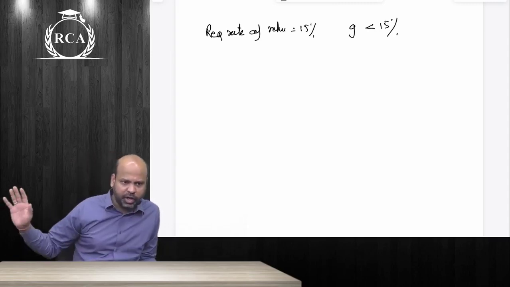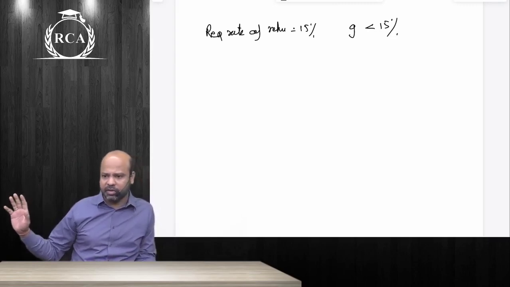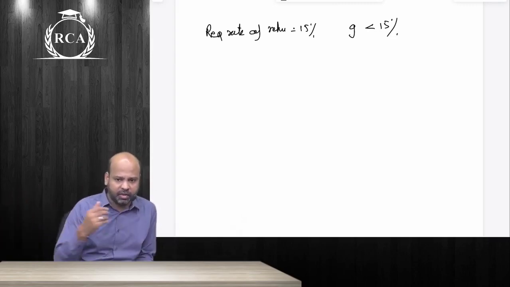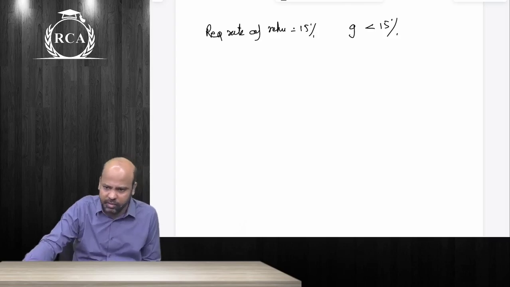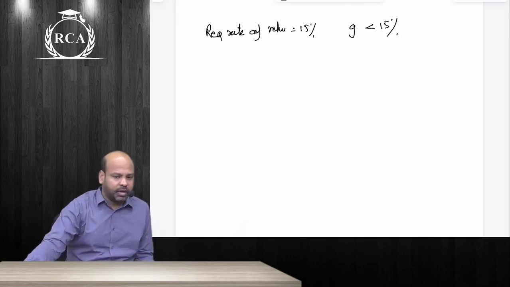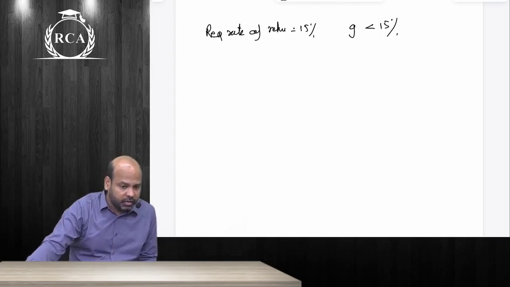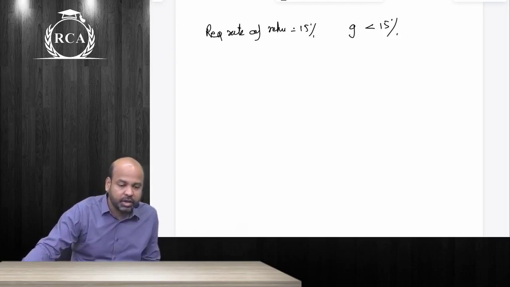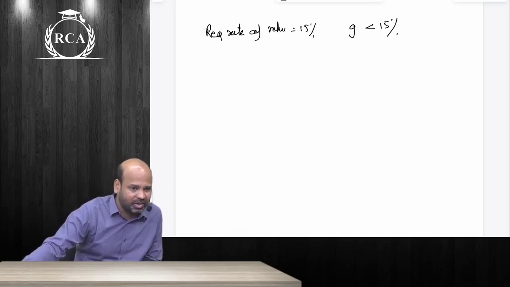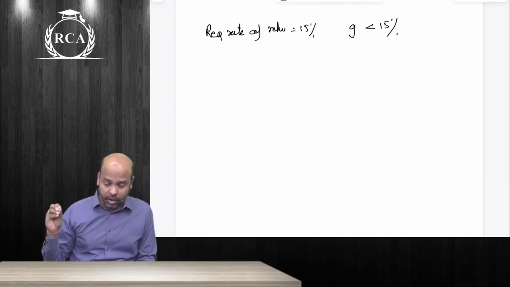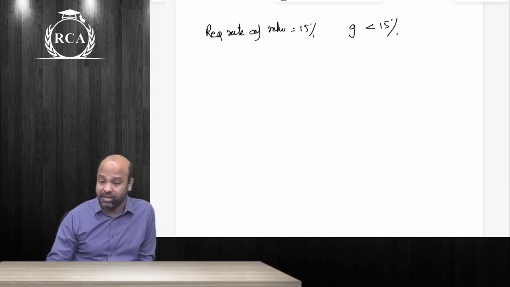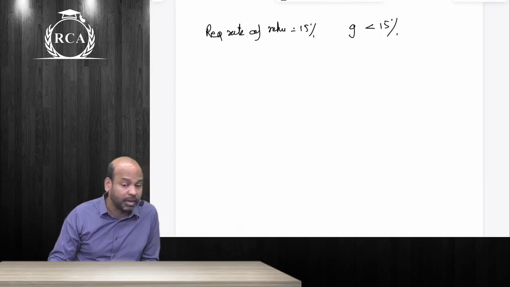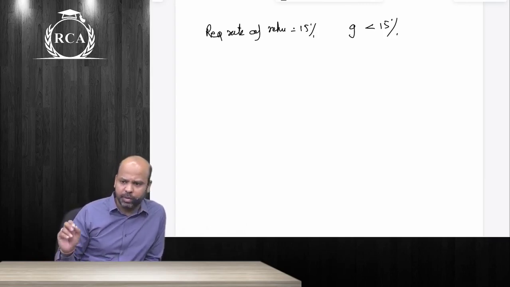I'm investing today in Tata Motors, my required rate of return is minus 30, because the company has decreased by 30%? No. Required rate of return is not based on actual return; it is based on the risk involved in the security. What I'm trying to tell you is that if the required rate of return is less and the growth rate is more, you will not be able to use the constant growth perpetuity formula.